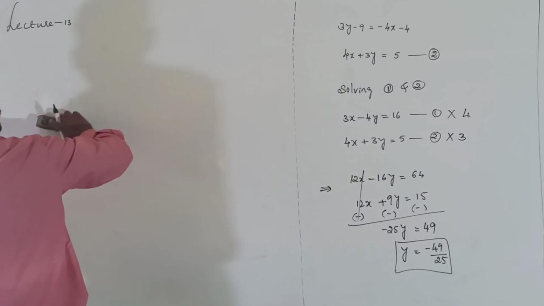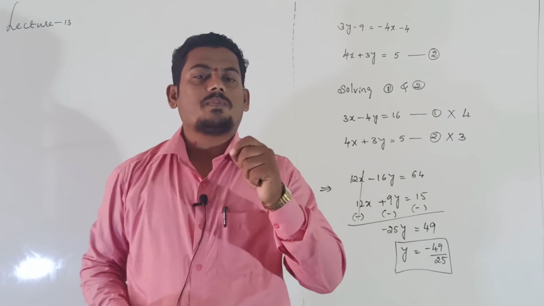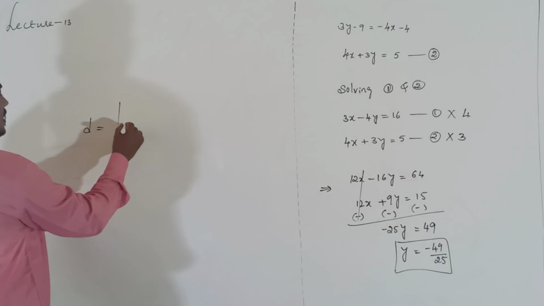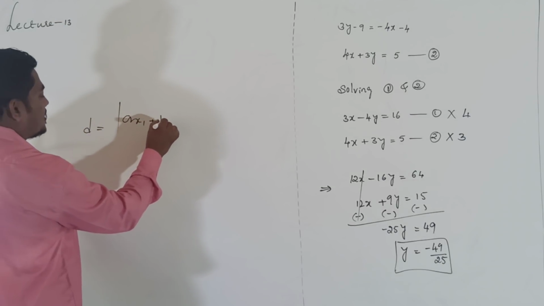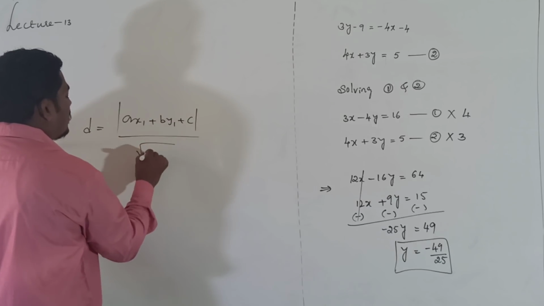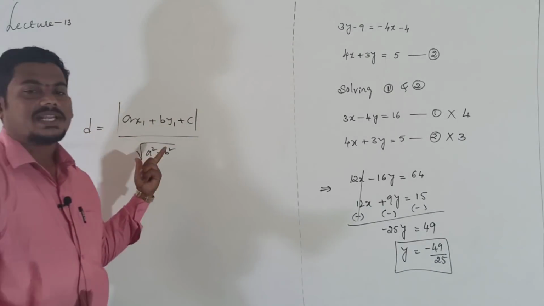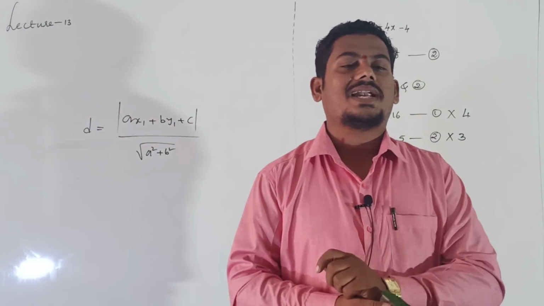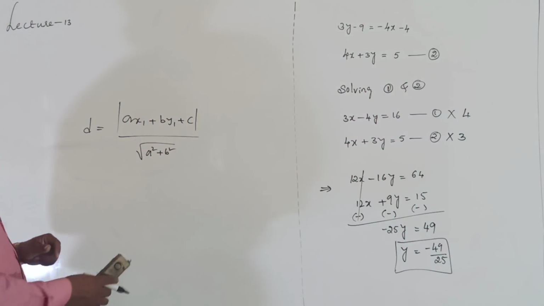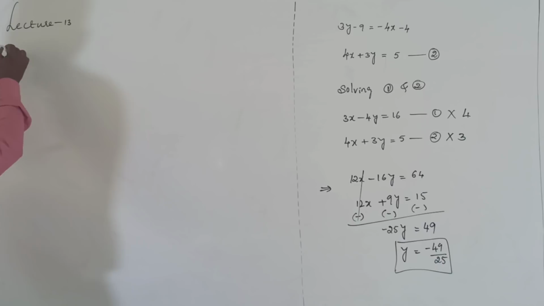It is one of the important 5 mark derivations. Distance between point and line: modulus of ax1 plus by1 plus c divided by square root of a square plus b square, right? This formula we have to derive. This is the distance between point and line formula, and it is a very important 5 mark derivation, right?